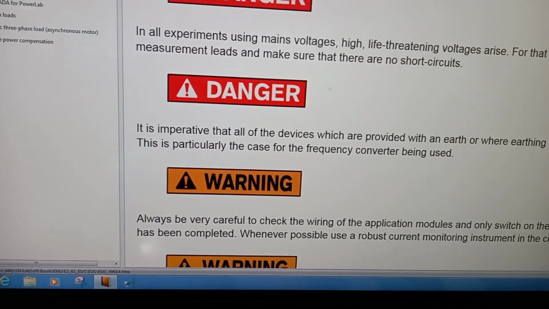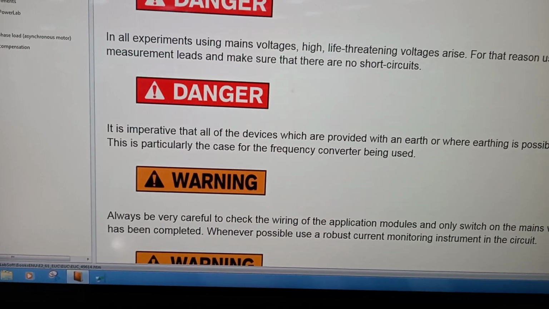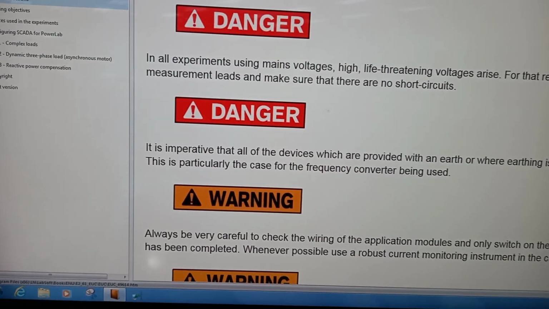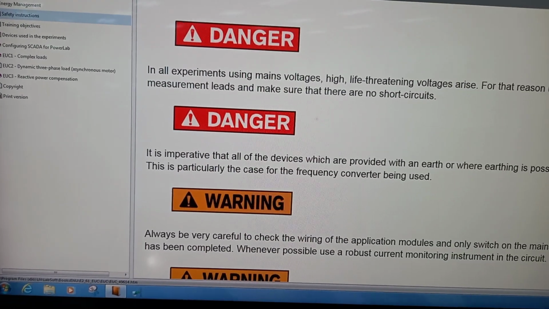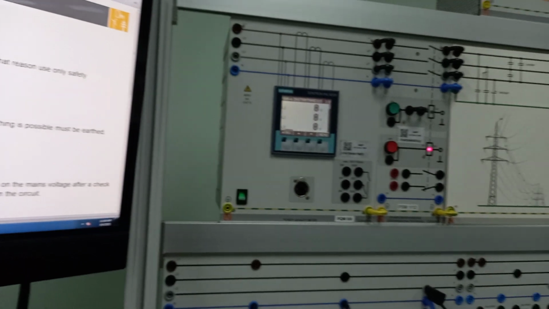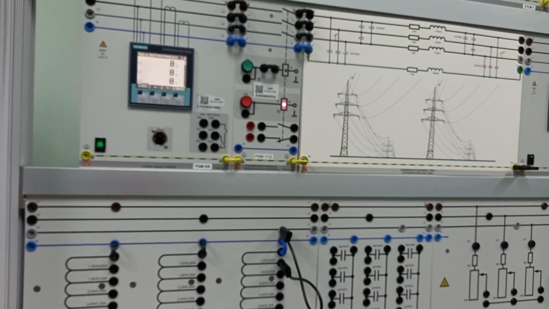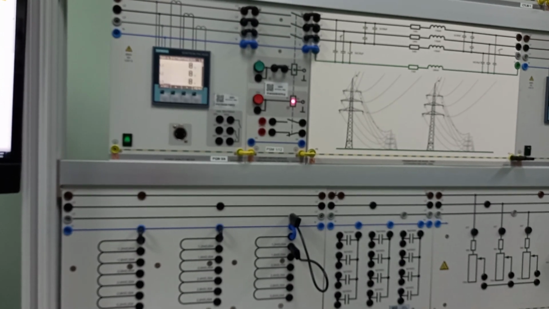Now it is imperative that all the devices which are provided with an earth, or where earthing is possible, must be earthed. This is particularly the case for the frequency converter being used. So in whatever case, every time you deal with electrical connections, make sure that all the grounding is done in a proper manner.